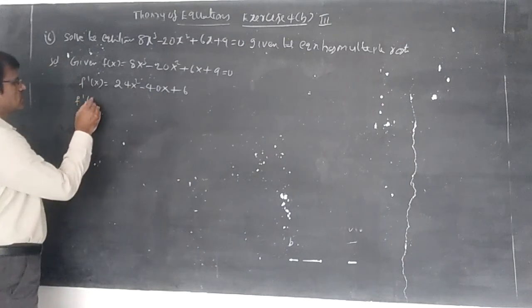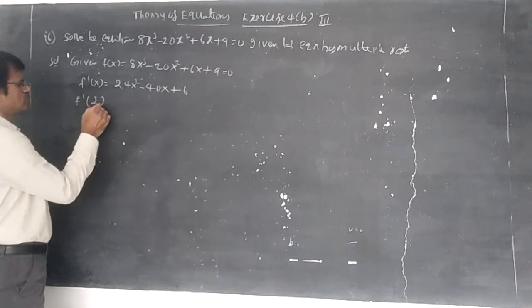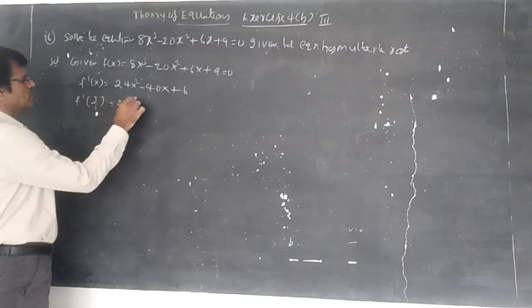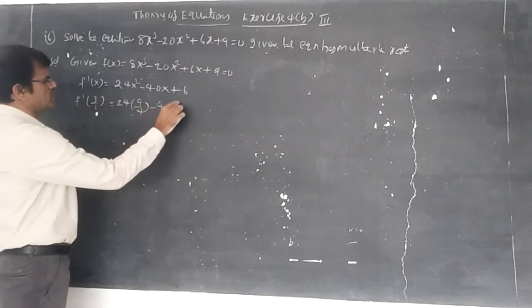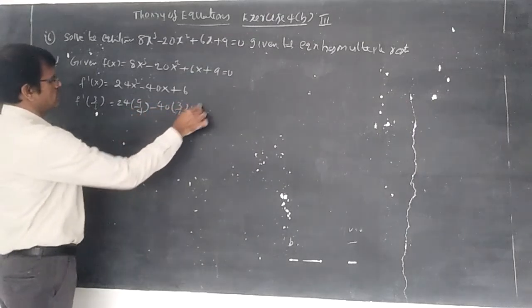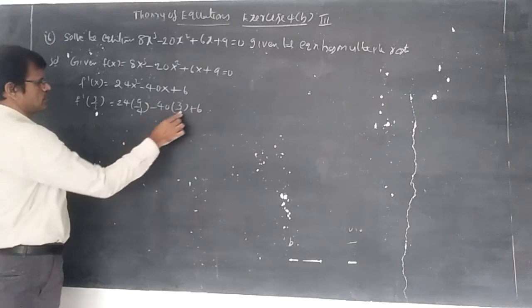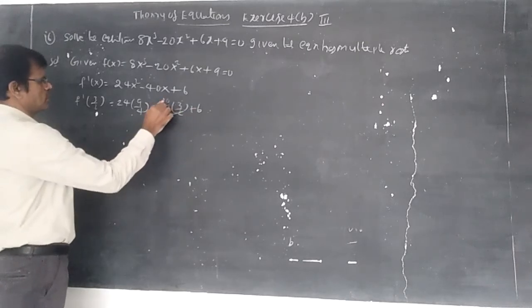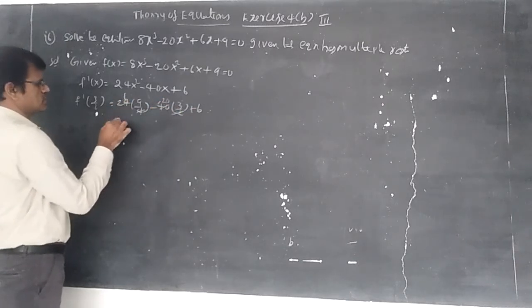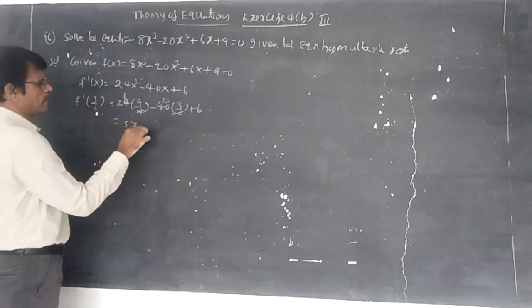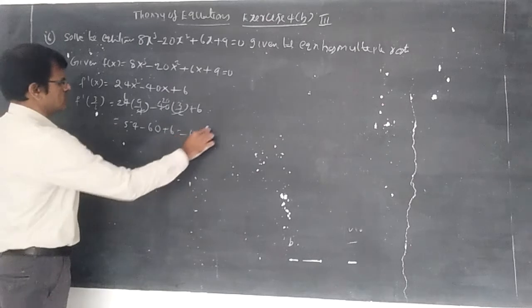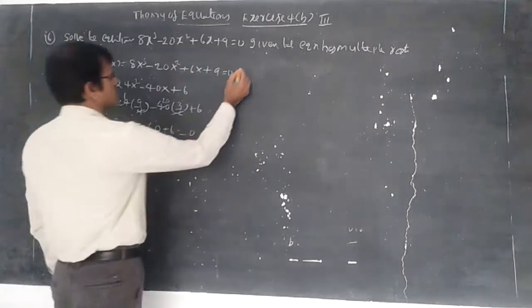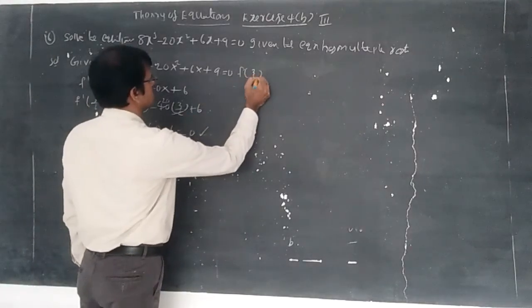F dash of 3 by 2 is 24 into 9 by 4 minus 40 into 3 by 2 plus 6. This is 54 minus 60 plus 6, which is equal to 0. So f of 3 by 2 may also be satisfied.